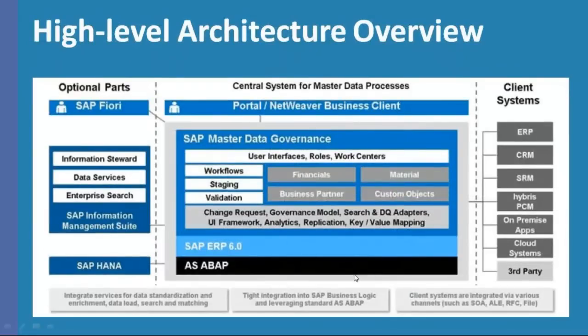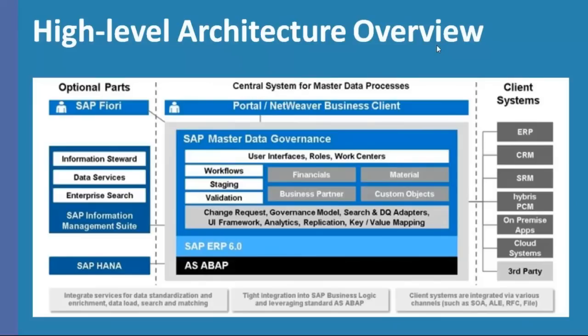Then this is the architectural overview. So basically we have two types of architectures. One is the hub architecture.